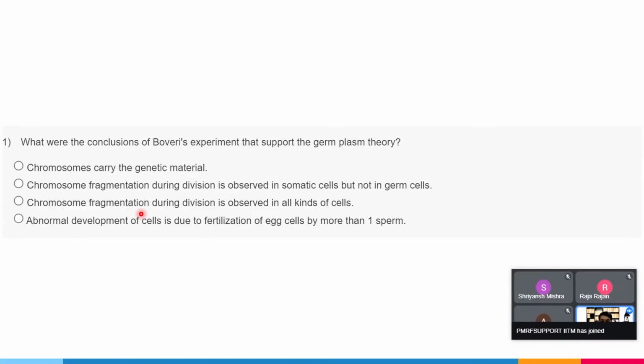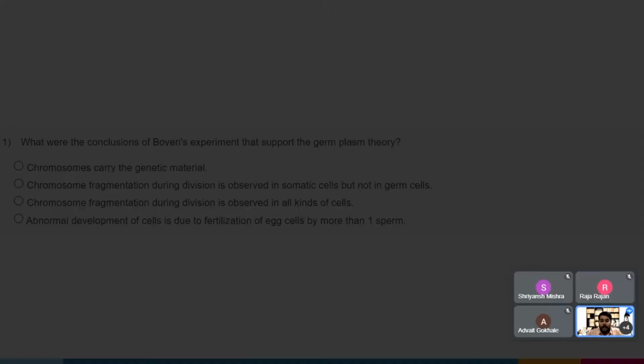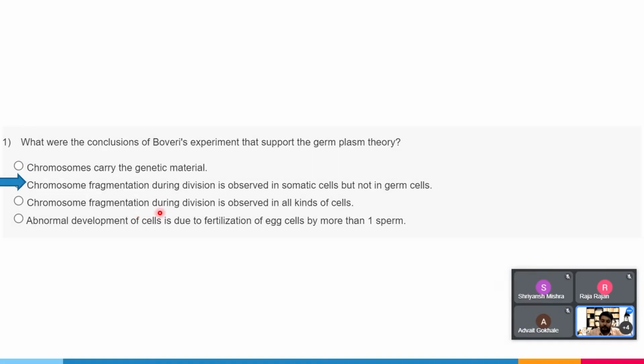Thus, if we look at both of the slides, we understand that actually the answer is B. Chromosome fragmentation during division is observed in somatic cells but not in germ cells is the answer.